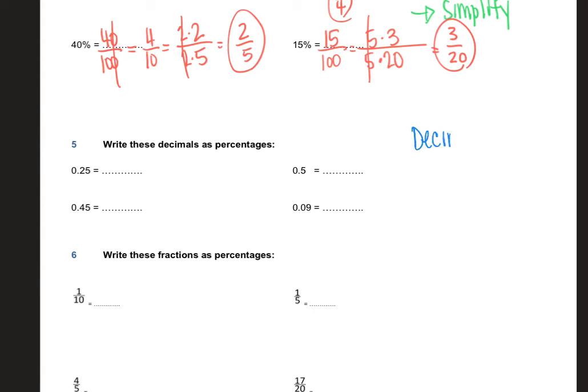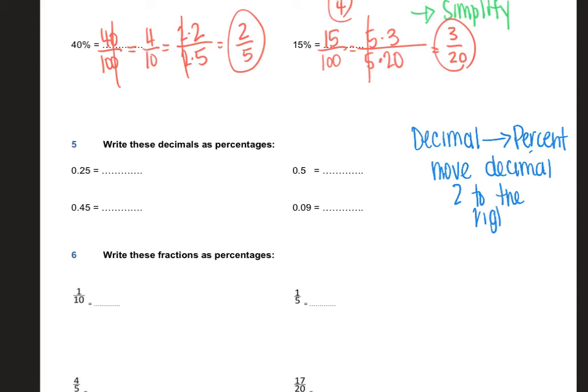Decimal to percent is the exact opposite of the percent to decimal. So instead of moving the decimal 2 to the left, we're going to move decimal 2 to the right. So our decimal is already placed.